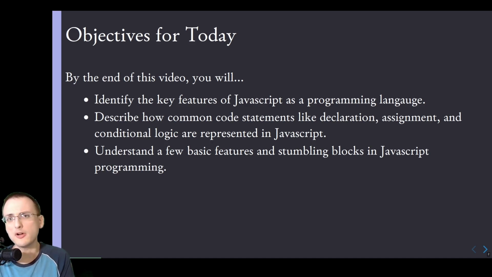We'll see how we run JavaScript right on our computer without a browser, and make sure that you are ready to start writing your own JavaScript programs in our first modules.